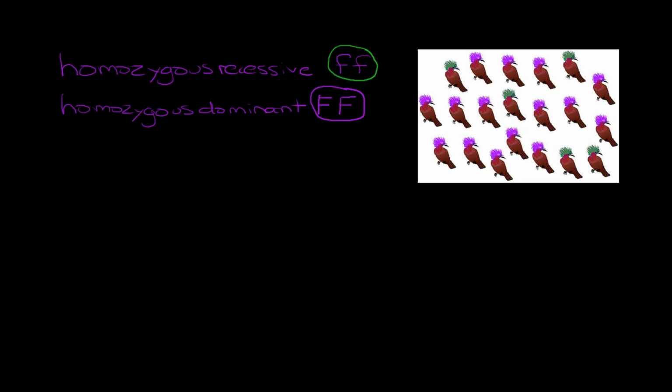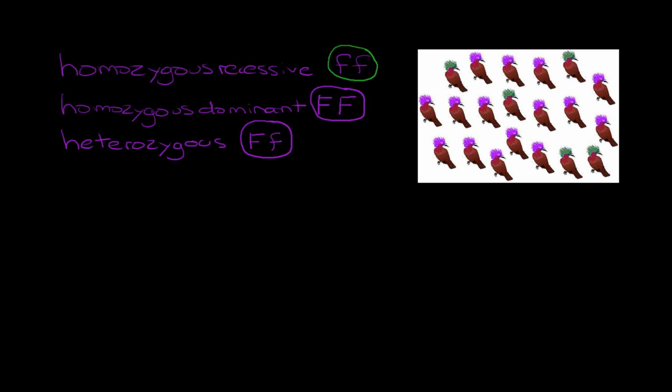Okay, and then there's one more vocabulary term, heterozygous. Heterozygous just means different. So you're going to have 2 different alleles, meaning for us, 1 capital and 1 lowercase. Now this individual birdie, pretend you're a bird, you would have purple feathers, right?